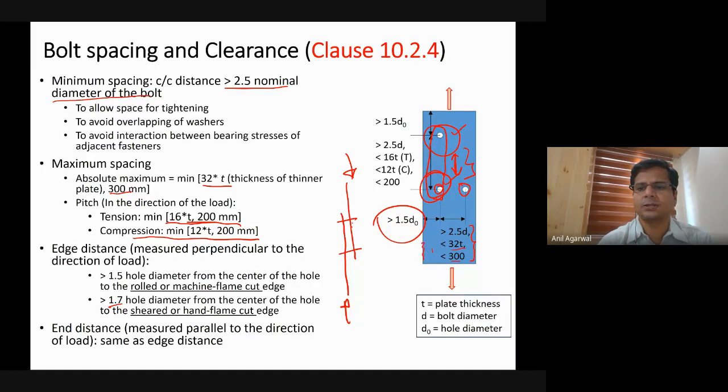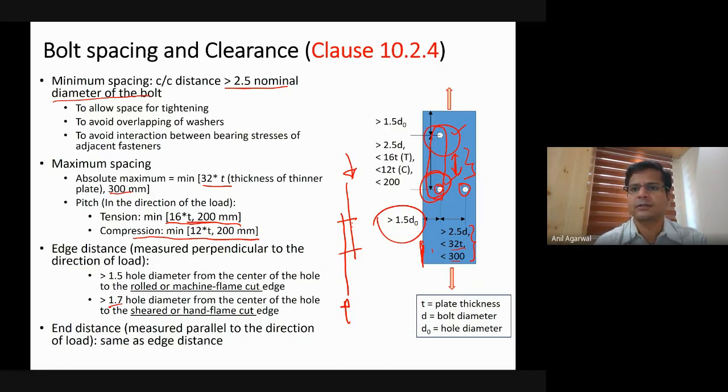If the edge I'm marking here is machine cut, machine flame cut, or rolled edge, then you can be assured that this is a smooth edge and you can go for the 1.5 times D0 value. If it is a hand flame cut or sheared edge, then there will be more inaccuracies in the smoothness. The edge will be uneven, and as a result your edge distance has to be larger. The same thing holds true for the end distance as well.